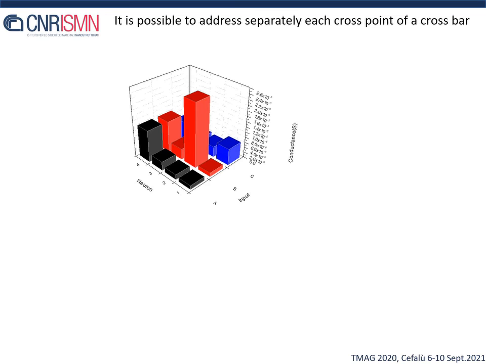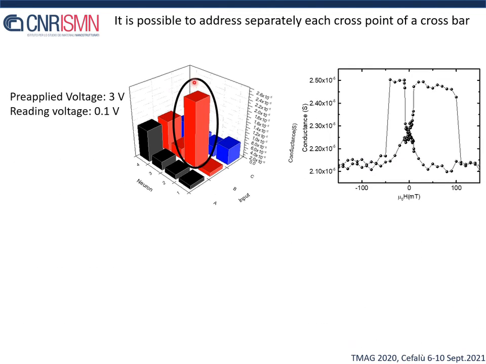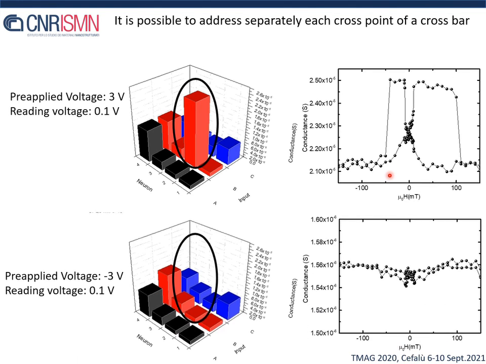We have fabricated such crossbars experimentally. For example, in this 3x4 crossbar, we measured the conductance of each device. We singled out the device circled in black and set it in a high conductance state by applying a positive 3-volt voltage. Being in this state, it showed a magnetoresistance. We then applied a negative 3-volt voltage to the same device.